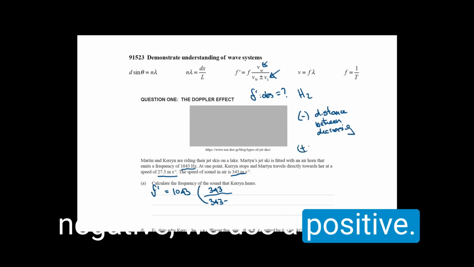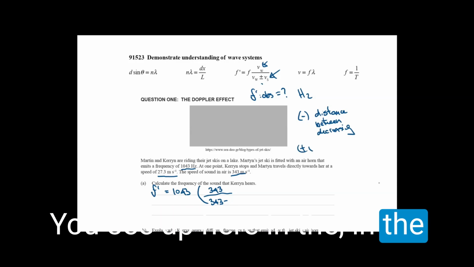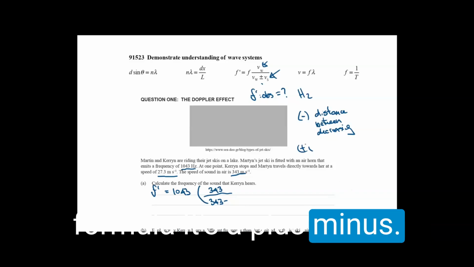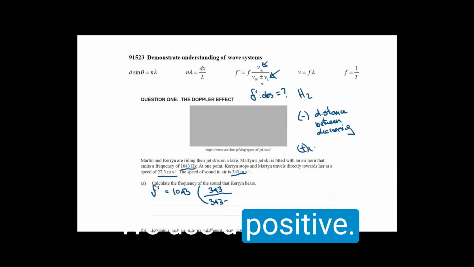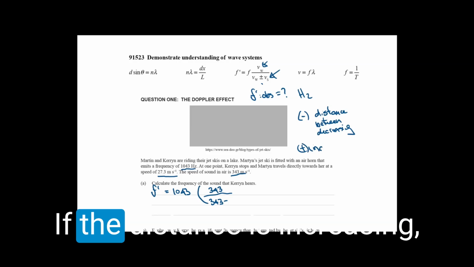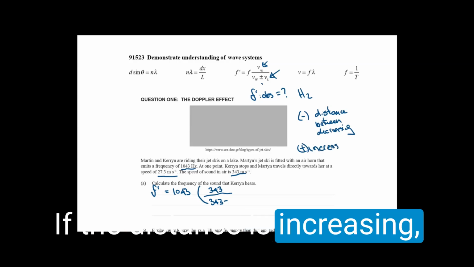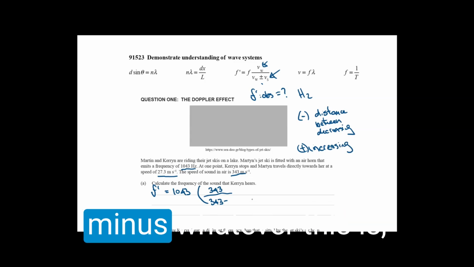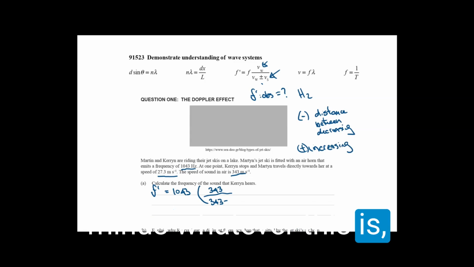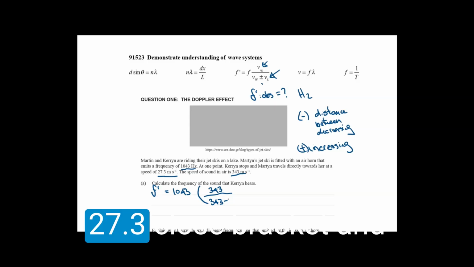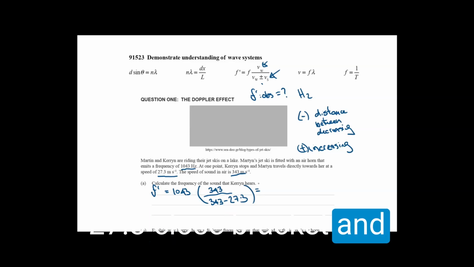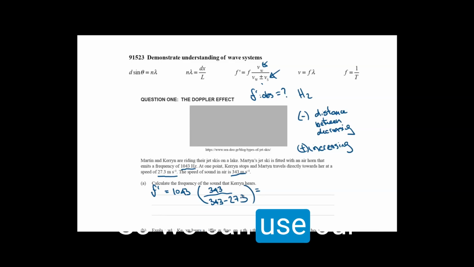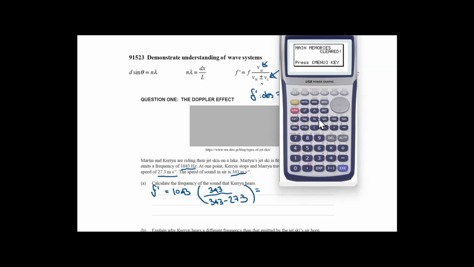We use a positive if the distance is increasing, i.e. they're getting further apart. You see up here in the formula, it's a plus minus. So it's going to be minus 27.3. Close brackets, and it's all in one bracket.